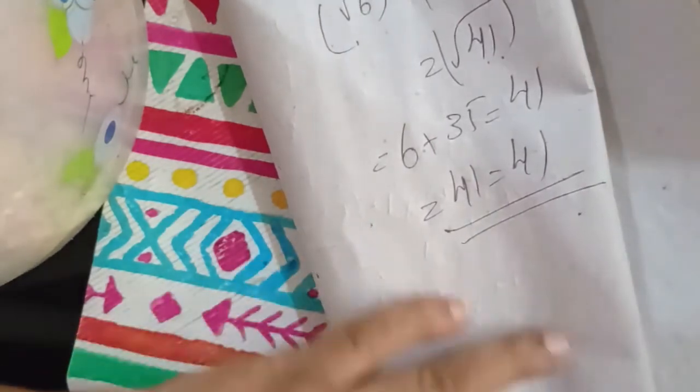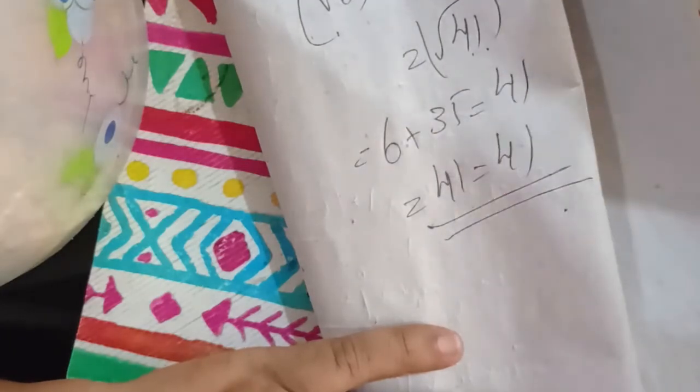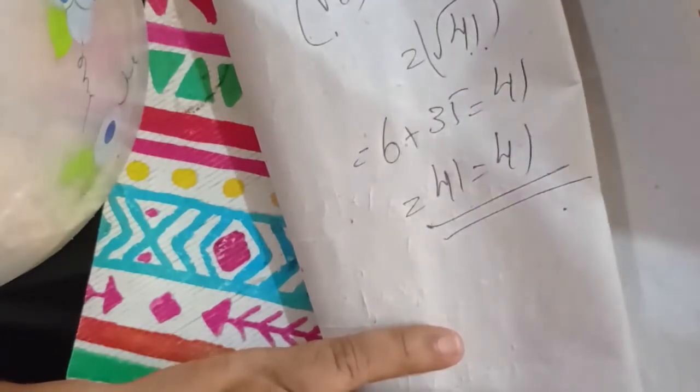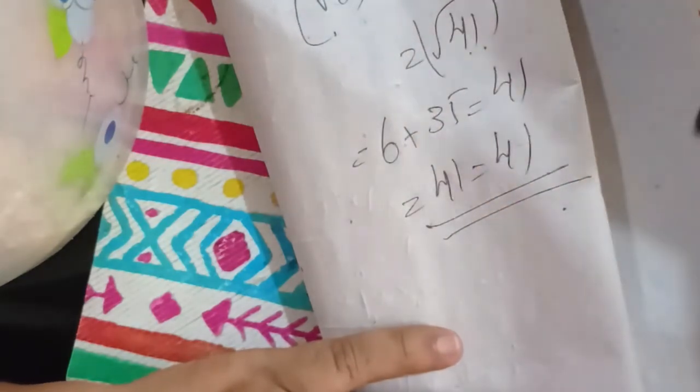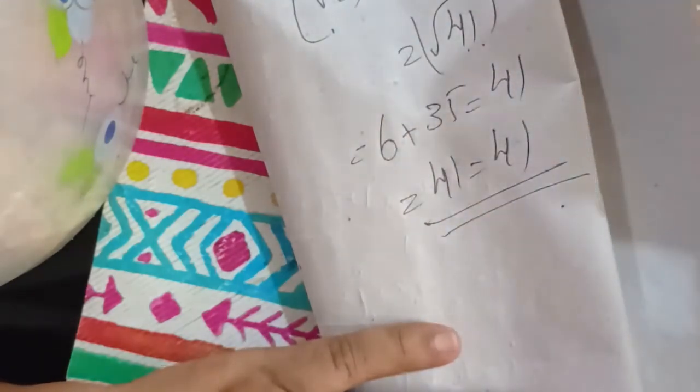Understand? Listen, the main points. Once again, I will repeat. Any vector A can be written as xi plus yj plus zk. Then the modulus of a vector means root of x square plus y square plus z square. That's the first formula.